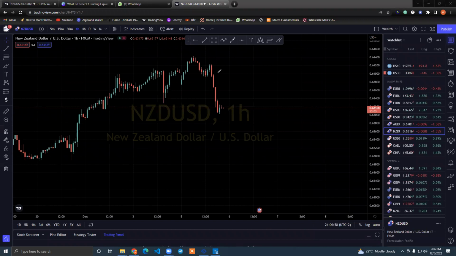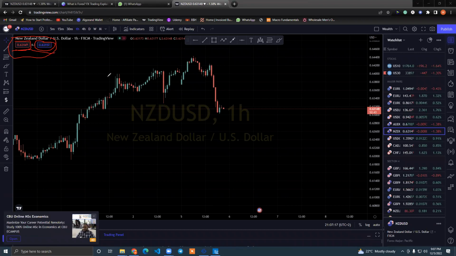When you look here where I'm circling, at the top left corner, there are two things. We have this one in red numbers, and we have this one in blue numbers. Between these two, there is the bid and the ask.